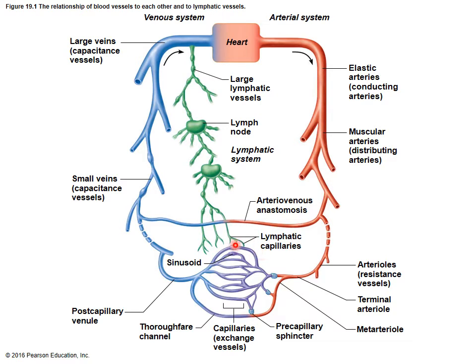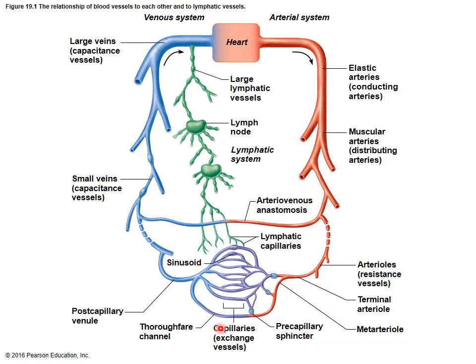You should also notice this green section right in here. We're going to study this in the next chapter, but I'll point it out now. There are lymphatic capillaries that are closed-ended capillaries that start in tissues and go back towards the heart via lymph nodes and through larger and larger lymphatic vessels. They do empty into the venous system before the venous blood gets back to the right atrium of the heart.